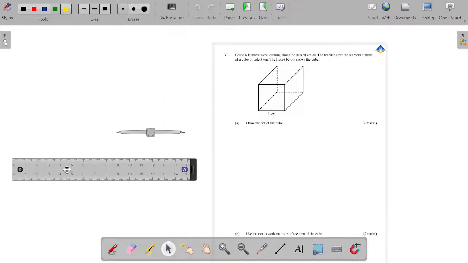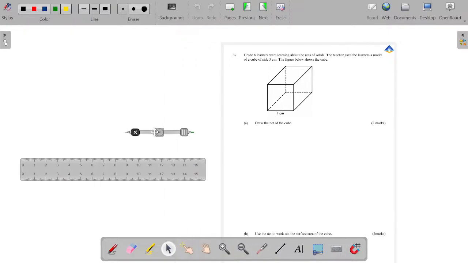We are going now. Let me measure. It's 3 centimeters.